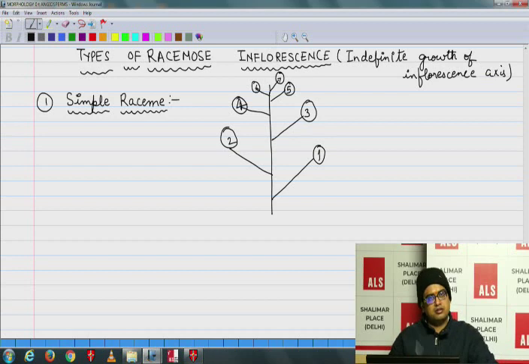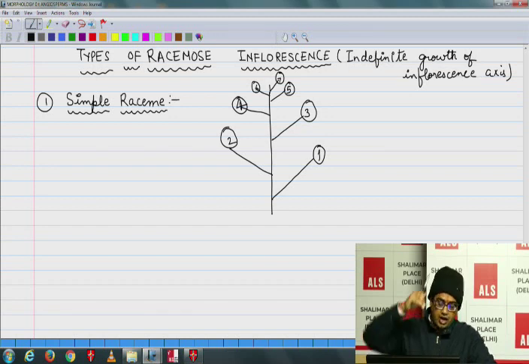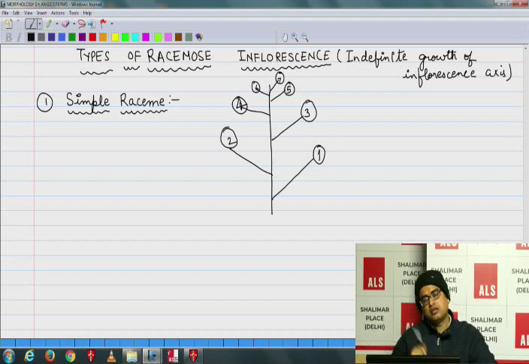Number 3 is younger than number 2, and also number 1. So basically, on the topmost part, the youngest flowers are present, and at the bottommost part, the oldest flowers are present.